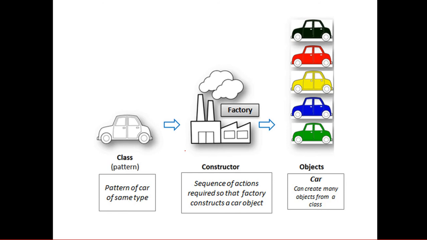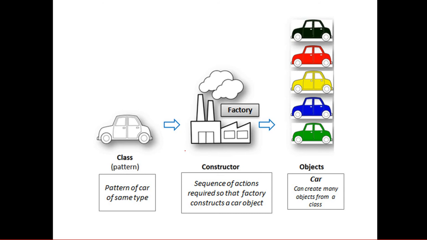Then, to build up a person, we need to train to do a few things. To do that, we have what we call a constructor. You take the class, and using that you create the constructor.